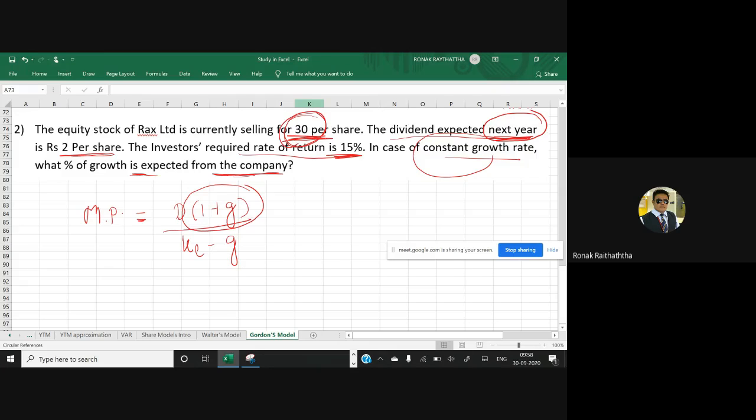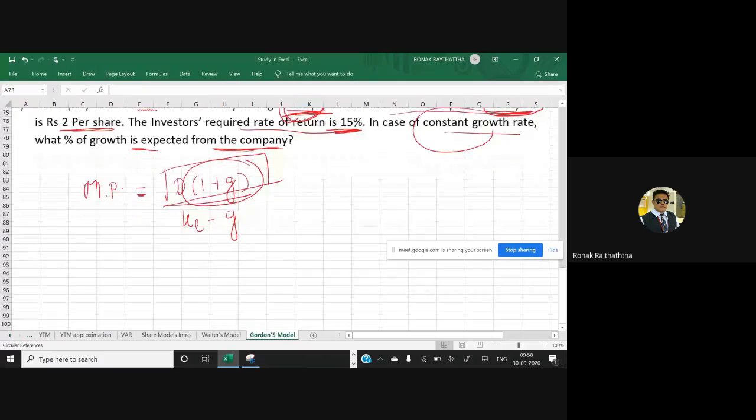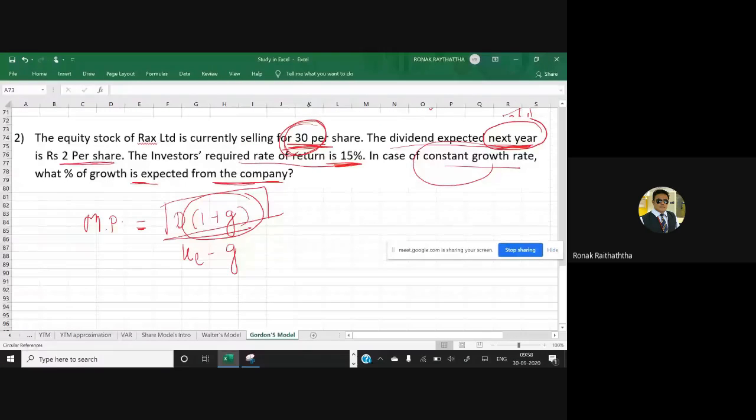So we have this entire numerator with us, this one. I hope you are getting it, because it's written over here. It's not written that it's current year's dividend. It's here expected next year. That means current year's dividend growth rate is also taken into account. Very little adjustment. Okay, so the market price that we should keep is 30 equal to dividend is 2.